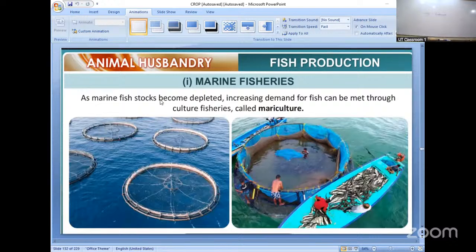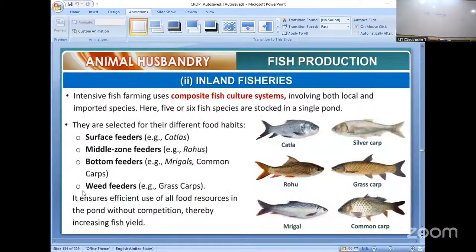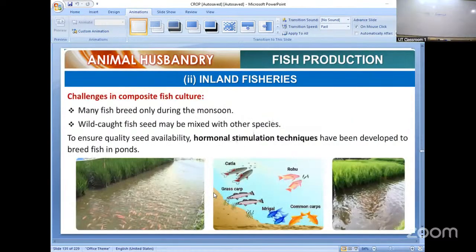As marine fish stocks become depleted, the increasing demand for fish can be met through mariculture. Rearing of fish is called pisciculture, and of marine fish is mariculture. There are different feeding habits: surface feeders, middle zone feeders, bottom feeders, and weed feeders.